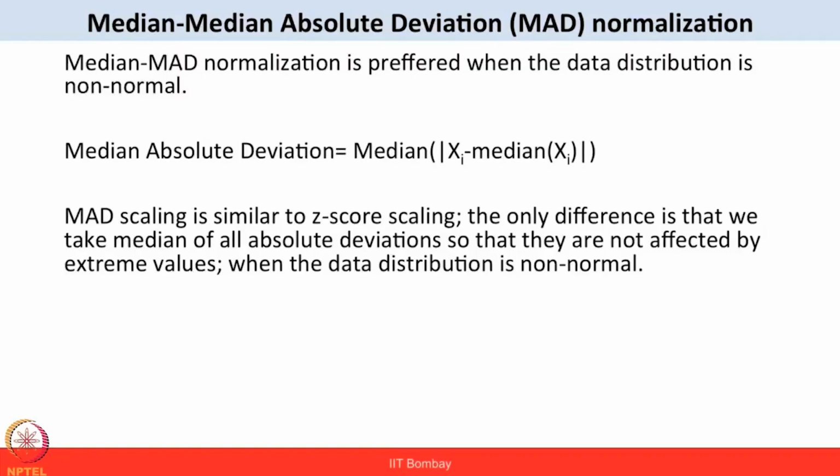MAD normalization is similar to Z-score scaling, and the only difference is that it takes the median of absolute deviations, so that they are not affected by extreme values, which is particularly useful for non-normal distributions. The median absolute deviation, as you can see in the formula, is the median of the absolute deviations.